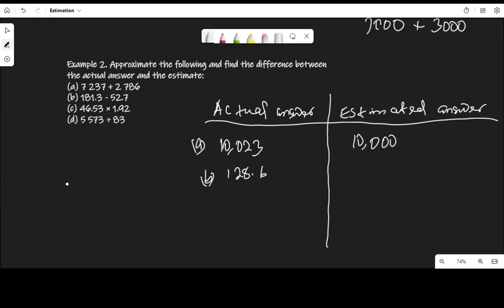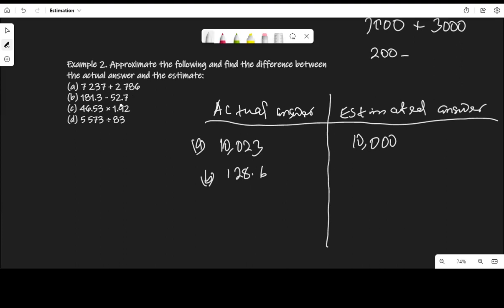For the estimated answer, I will round this number, 181, to the nearest 100, which is 200. 200 minus. This one, I'll round to the nearest 10. 5 is in the 10 position. The next digit to it is 2. 2 rounds to 0. So this number to the nearest 10 is 50.